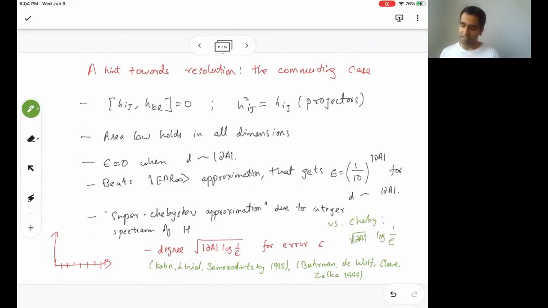So this log 1 over epsilon being inside the square root is a big advantage that could help beat this barrier of having very good approximations at constant degree, at linear degree. So this is a hint towards how one would try to approach the approach.